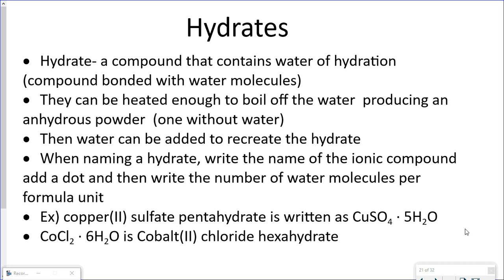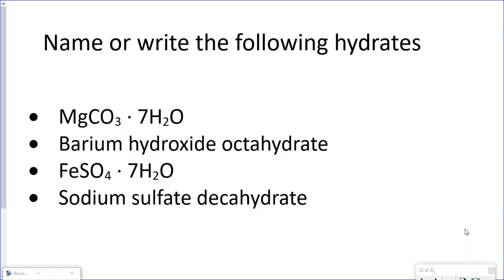Let's look at a couple examples together. So our first one we have is MgCO3 dot 7H2O. So remember, we're going to name the ionic compound first, so just focus on the MgCO3. Mg is magnesium.